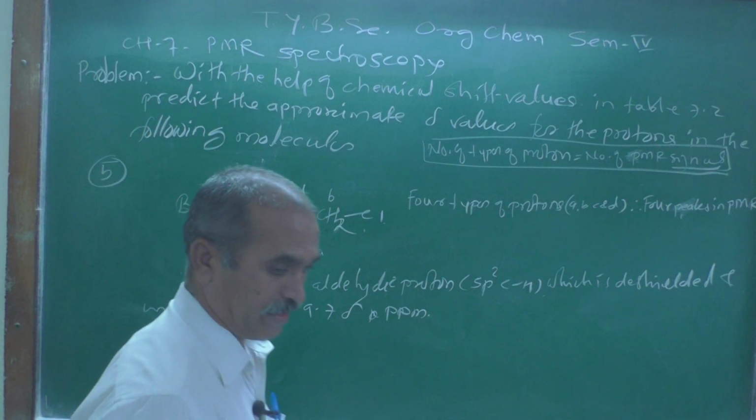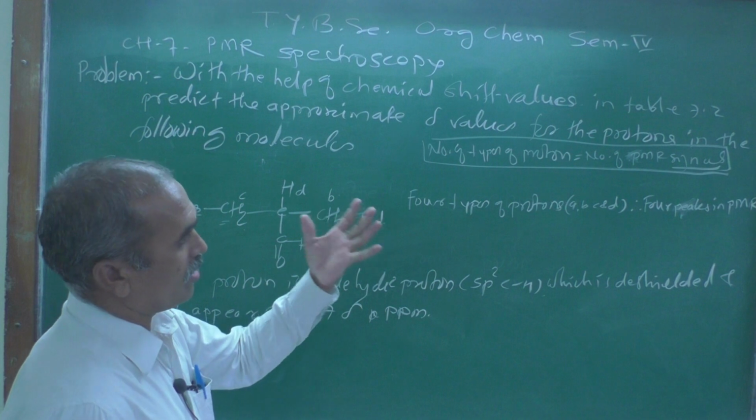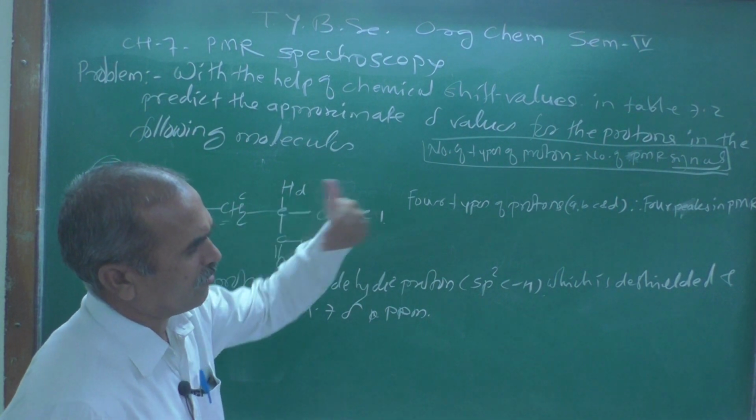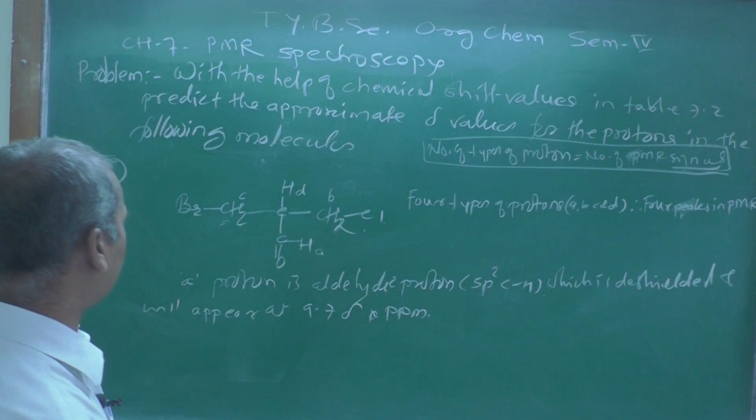That's it. See very clearly, there are 4 kinds of proton and therefore definitely we will get 4 signals in the PMR spectrum.